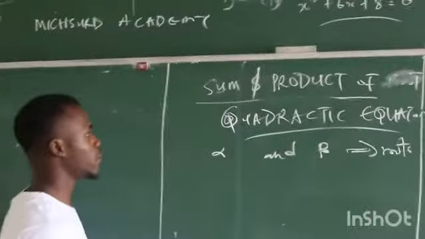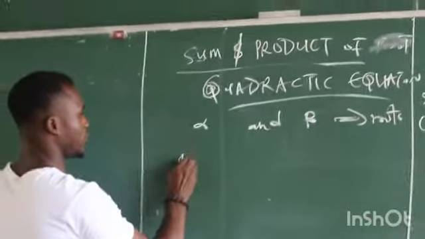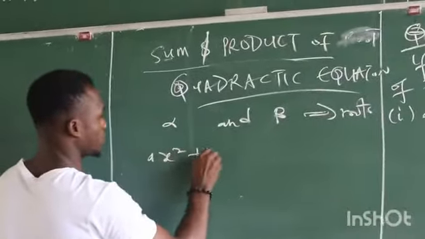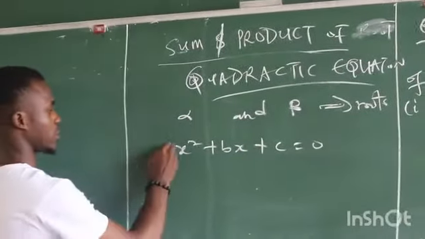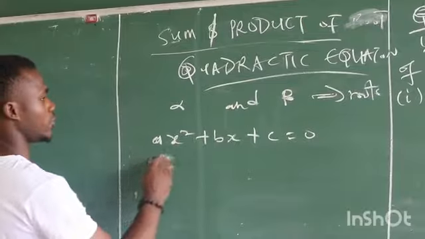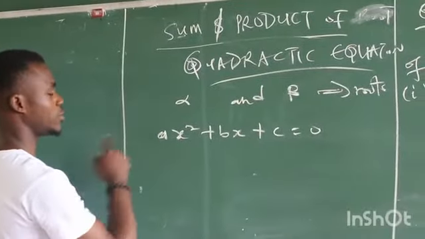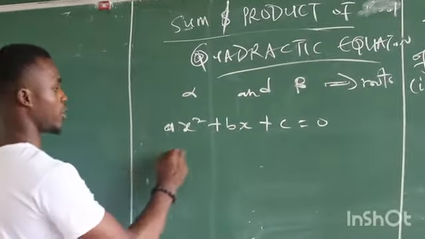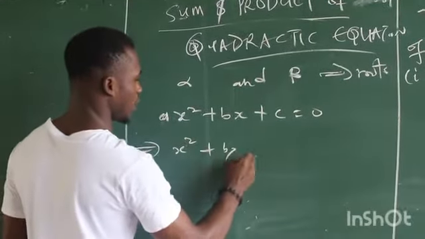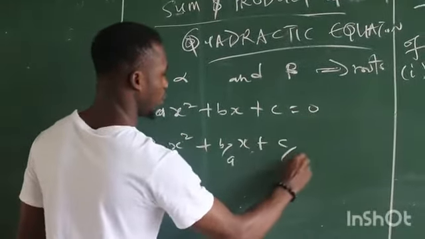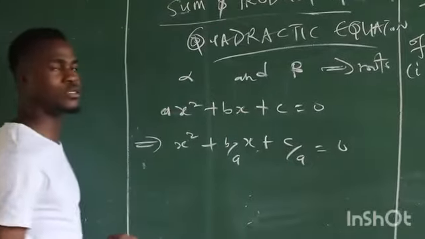Okay, so now from the quadratic general form of equation, we have it to be in this form. This is the general form of the quadratic equation. So now from this equation, if we divide through with a, we are going to see that this will be x squared plus b all over a, x plus c all over a is equal to 0.